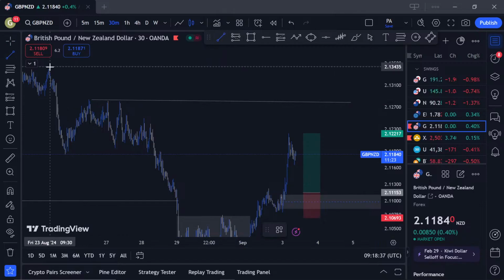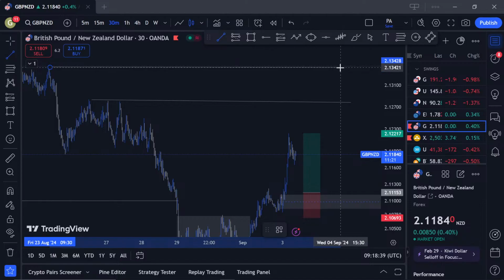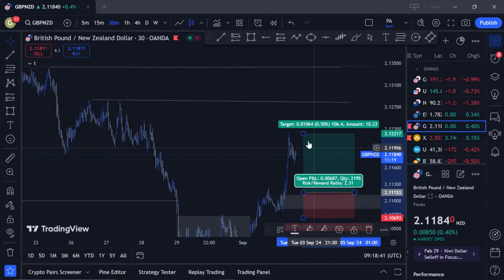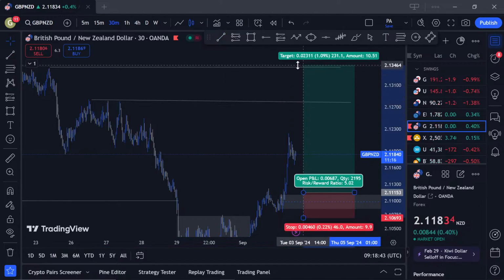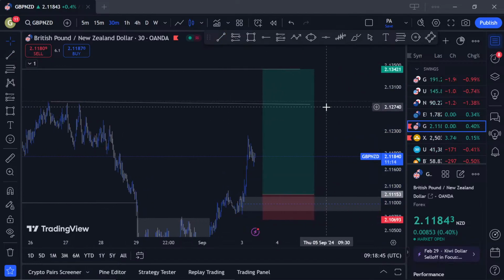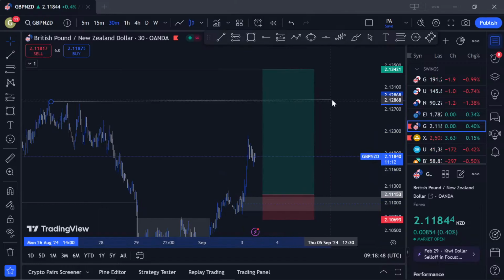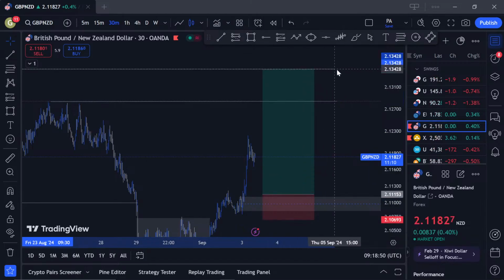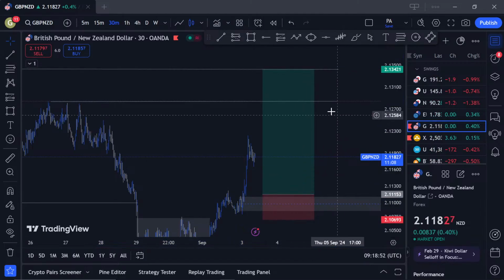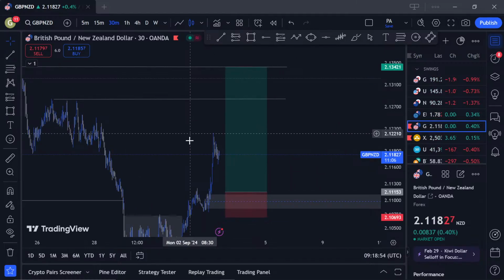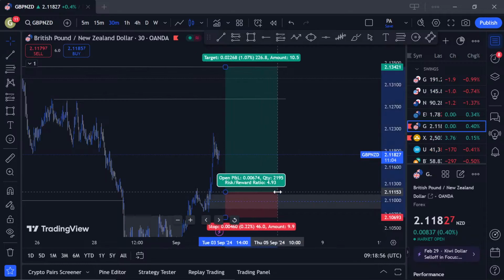We'll have another high here. So these are the places we'll be targeting for our take profits on GBP NZD.